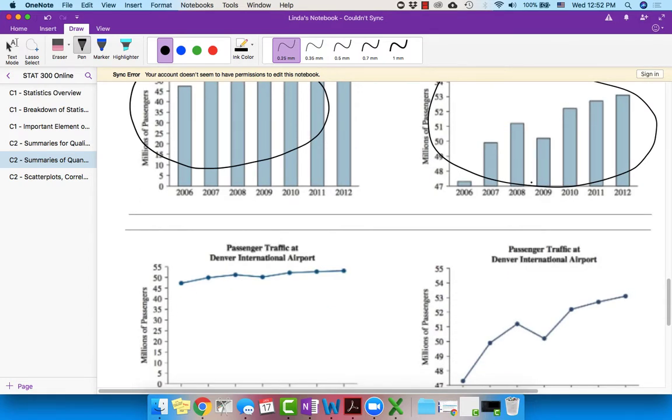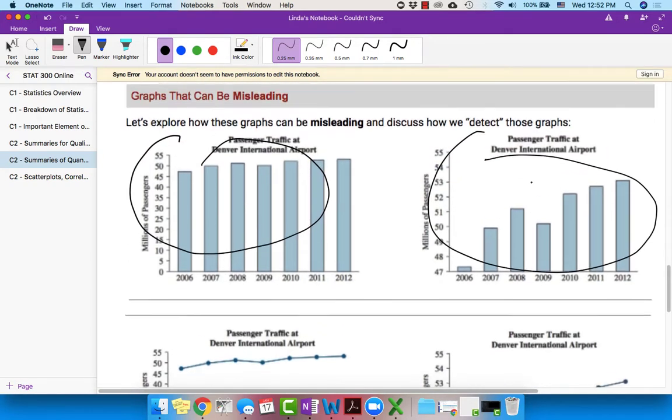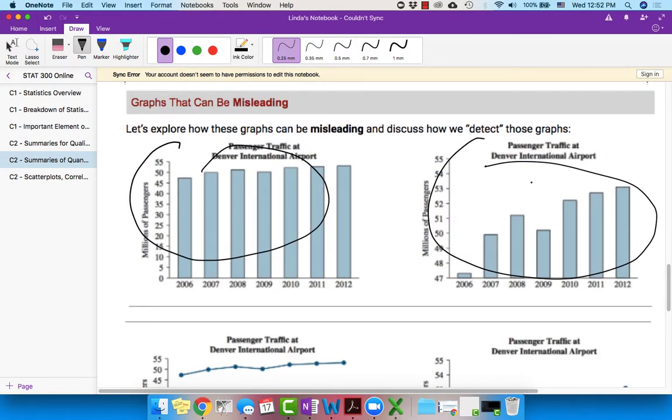Okay, so you see here in the first graph, on the left, this graph here, you probably think that this graph shows small differences in the number of passengers at Denver Airport between any 2 years, because the bars seem like pretty much the same height.